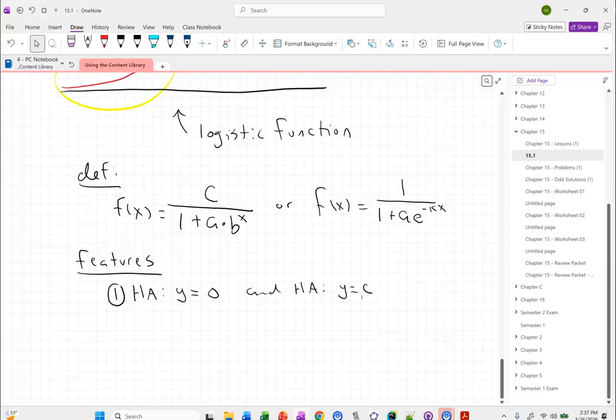Logistic functions have 2 horizontal asymptotes, one of them at y equals 0, the other at y equals c. We refer to y equals c as the limit to growth. That's like the carrying capacity for our population.